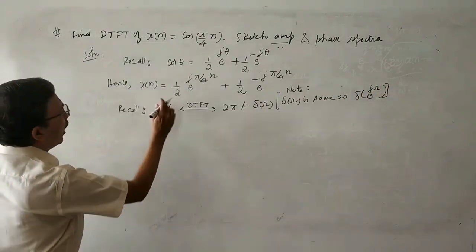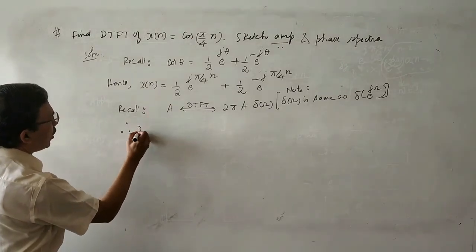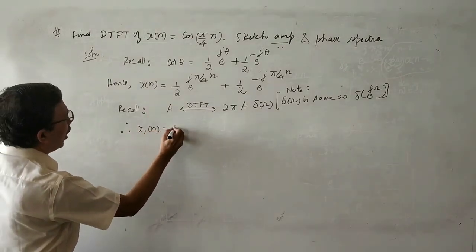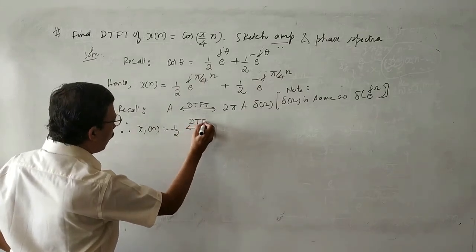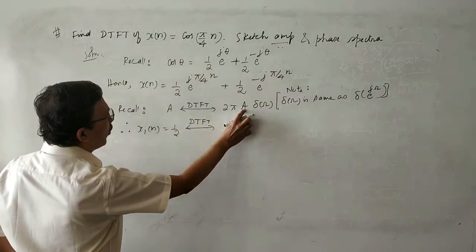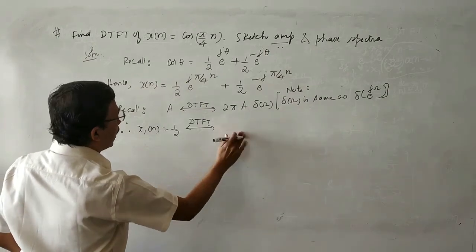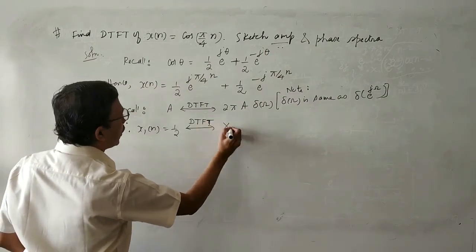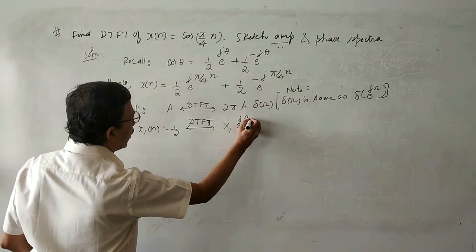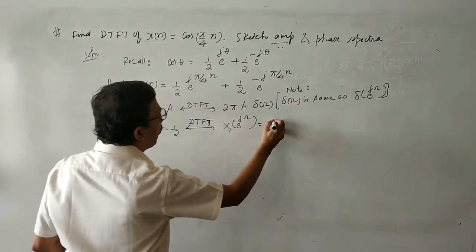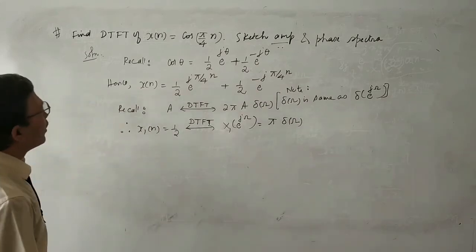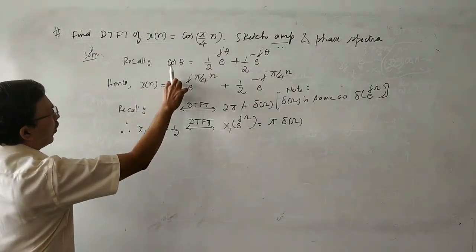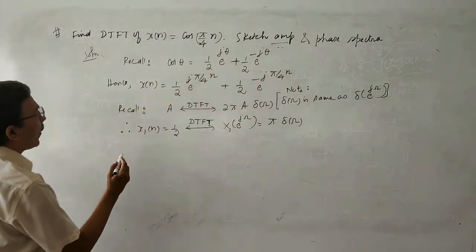A is half. Therefore, x1 of n equal to half will have a discrete time Fourier transform x1 of e power j omega equal to pi into delta of omega. I call this half as x1 of n.